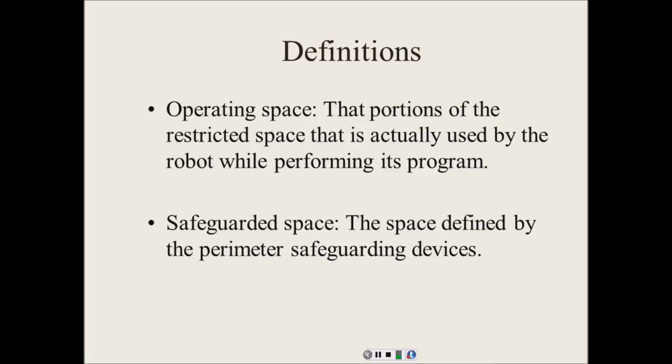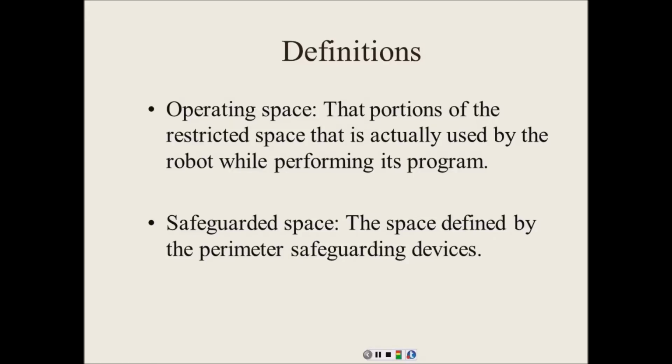But we're never going to hit the plexiglass. When we write a program for this robot, it's not going to get up against the plexiglass. We're going to write programs that are within an operating space, right? You understand? So your operating space is that section within the restricted space where you write your programs.